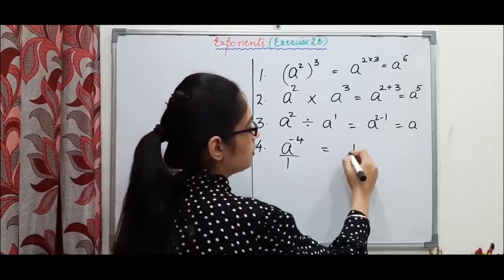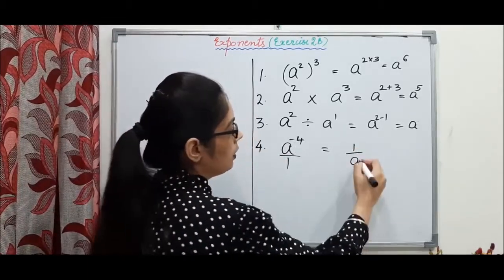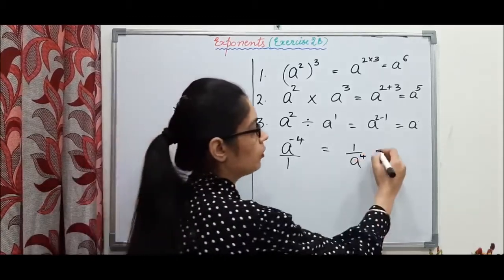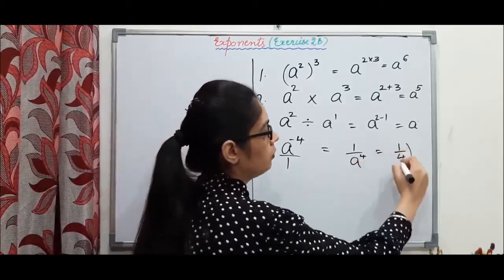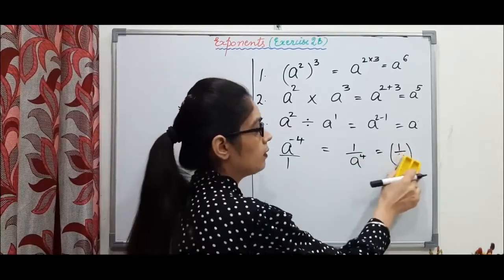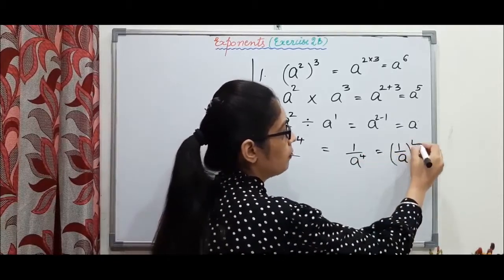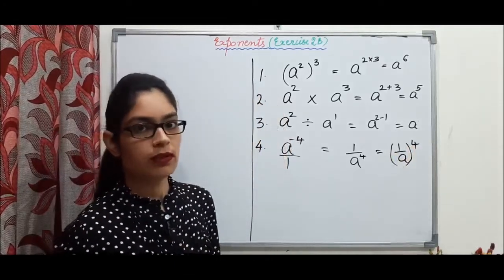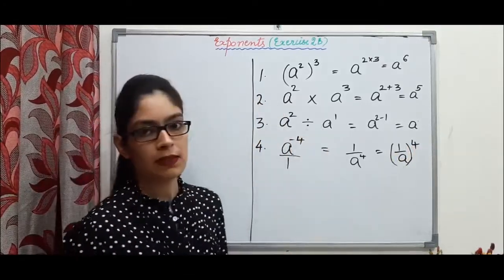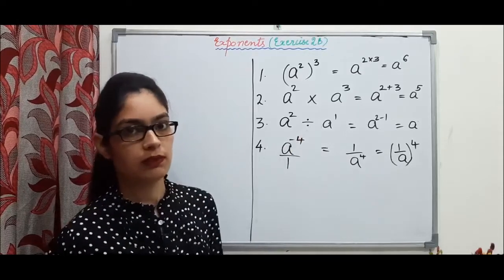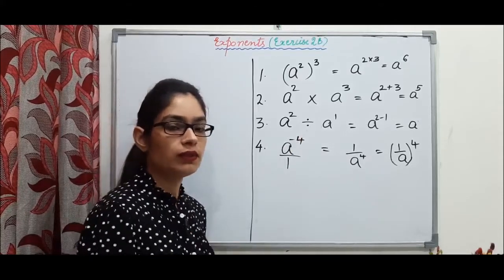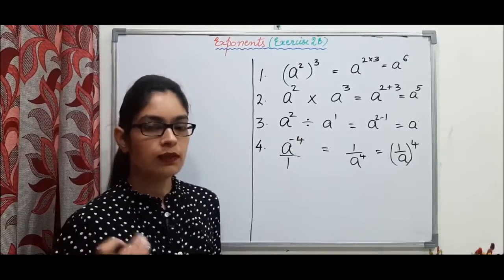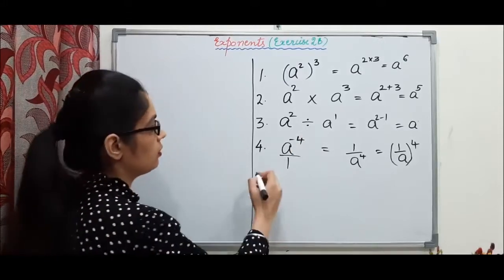So if I do its reciprocal, the power of a will become plus 4. You can also write it as 1 by a, whole power 4. So if we do the reciprocal of a number, the power can be changed from negative to positive, and the same goes for positive to negative also. After doing reciprocal of any number, the sign of the power changes.